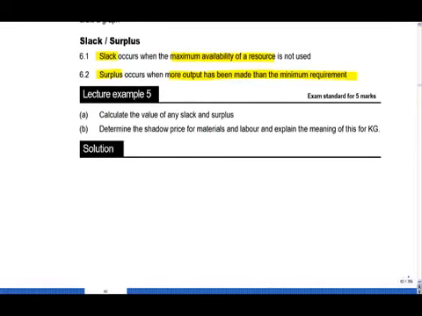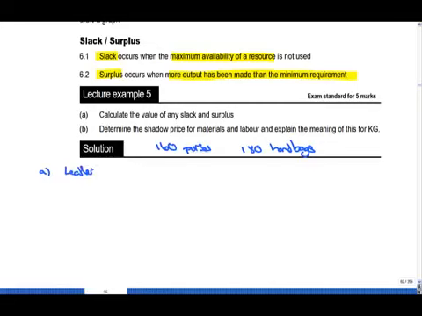Now what we got to in our previous example is an optimal plan of 160 purses and 180 handbags. If you look back to example 3, you can see the amount of leather and labour that was needed for each. So first of all, let's look at leather.